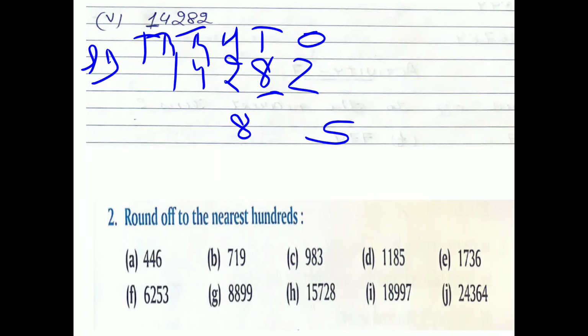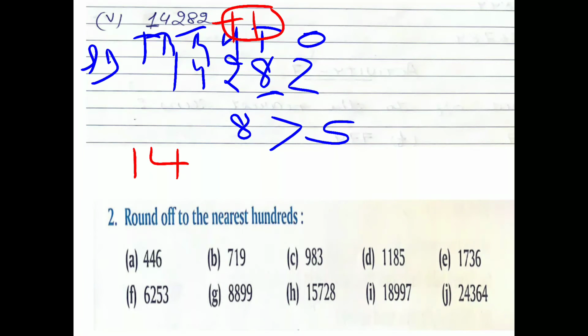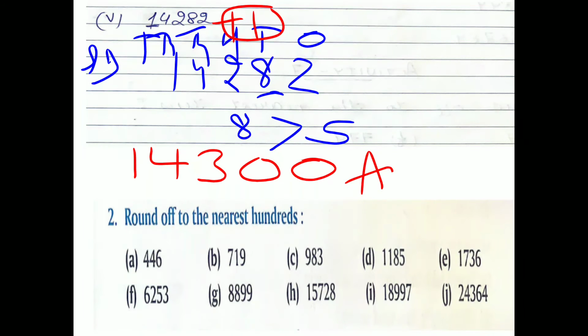Your number is greater, so you add 1. Where to add? On 100, because you are doing nearest 100. So 1, 4 will come as it is. On 100, what number is written? 2. 2 plus 1 is 3. Now the tens place digit you underline, make it 0. And after that the other number also you make 0. So this is the answer. I hope you understand how to round off the numbers.